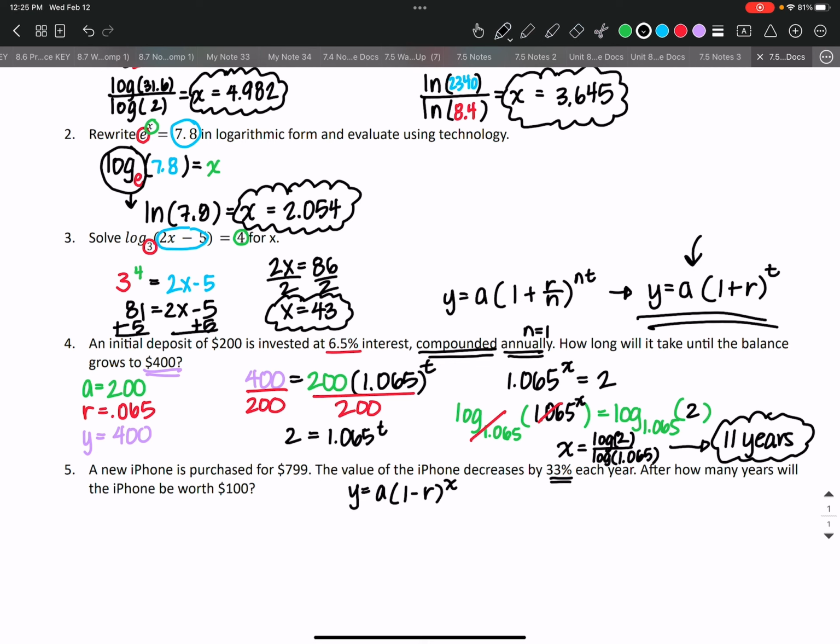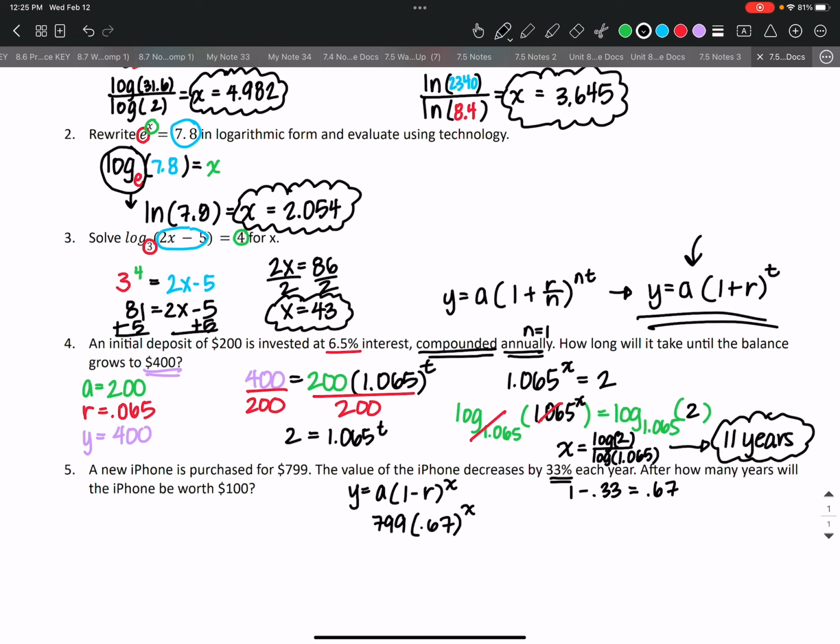And then I'm going to plug in the information I have. A is $799, r is 0.33, so I put 1 minus 0.33, or 0.67, inside of parentheses.